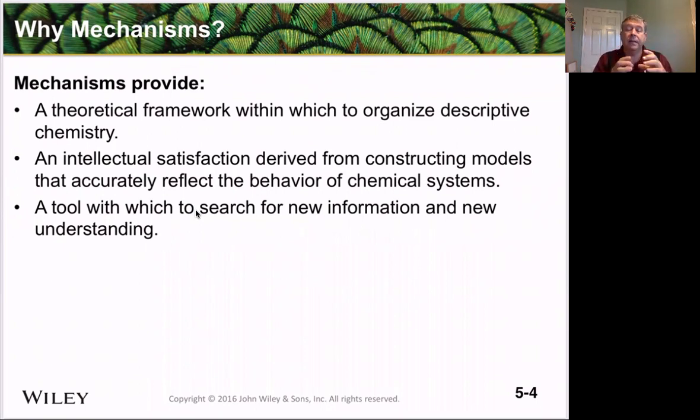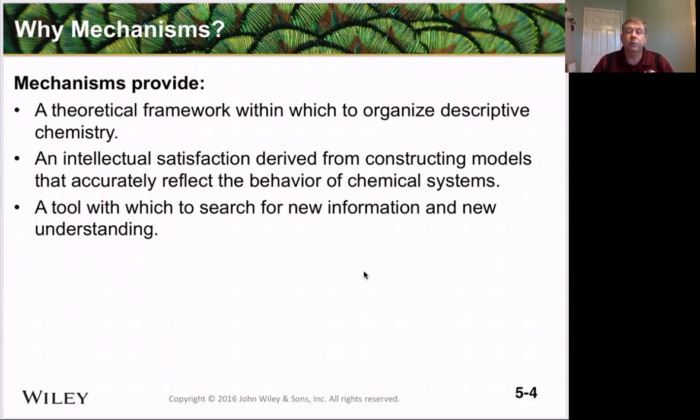Oh, we have the same functional group, but it does different things. If that same functional group does different things, maybe it has different mechanisms to go to different products. It also lets us predict behavior, because if this product does this, this product will do that.